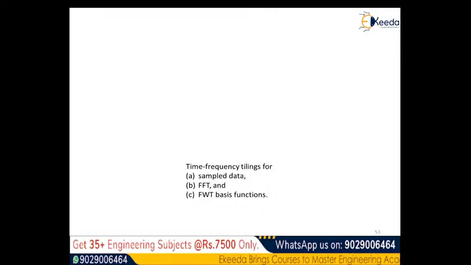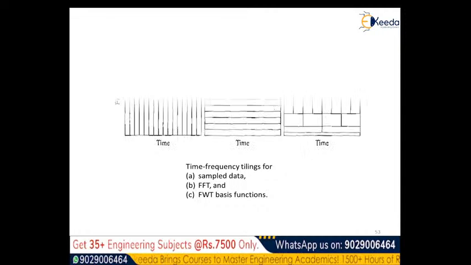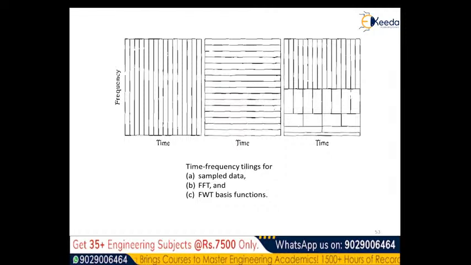Here you see the time frequency slicing. We have parts A, B, C here. On the left extreme you see the sampled data, with frequency on the vertical axis and time on the horizontal axis. Then the application of the FT will give us the information on the frequency scale only, not on the time.